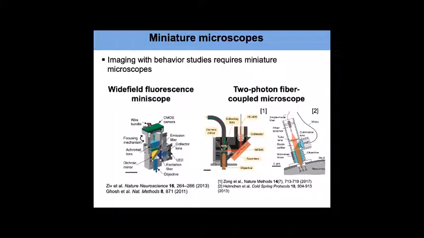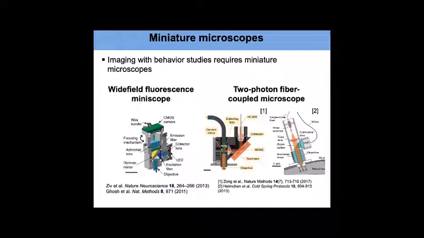What's also been done recently is moving this into two-photon fiber-coupled microscopes, with nice work from Zhang in his paper showing the first demonstration with a miniature MEMS device. It's also been demonstrated with fiber scanning with a piezo.